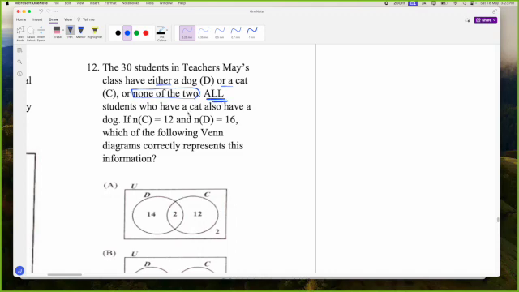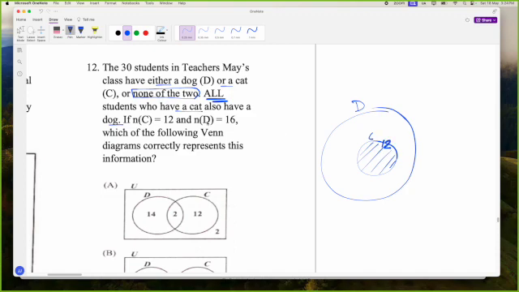All the students who have a cat also have a dog. That means that all of these students who have cats will also be in the dog section. The number of cats is 12, we see in here.